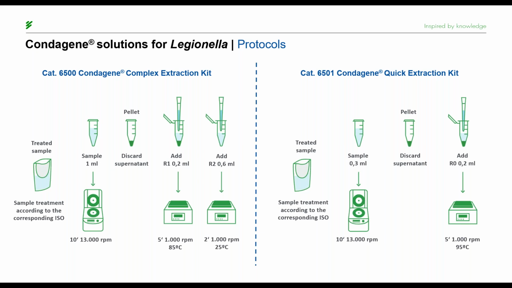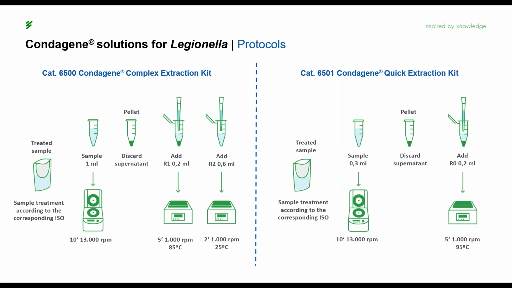We have basically the same protocol, which we start with a smaller elution sample, 0.3 milliliters instead of 1 milliliter. We centrifuge for 10 minutes, 13,000 RPM. We obtain our pellet and again discard the supernatant.